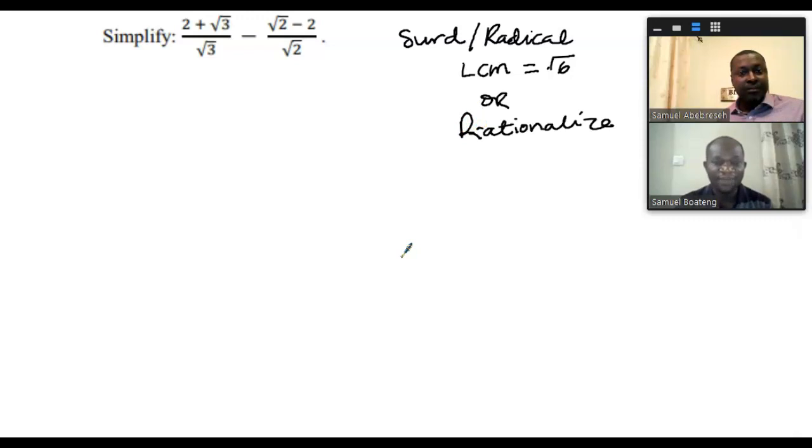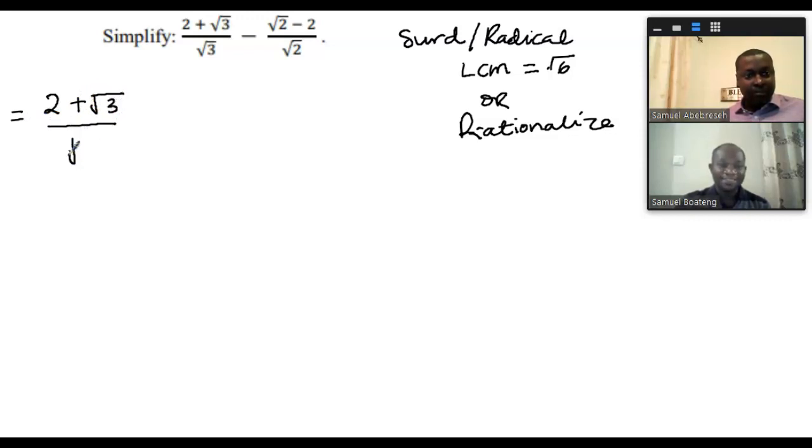Let me take the second part. So let's rationalize 2 plus root 3 on root 3. To rationalize, you multiply both the numerator and the denominator by the set of the denominator, so times root 3.